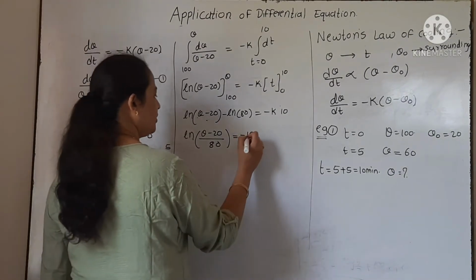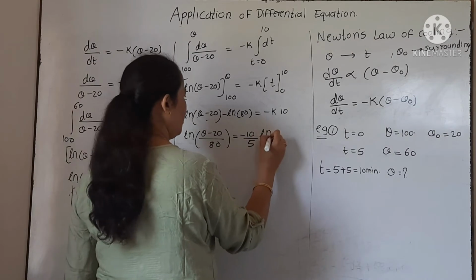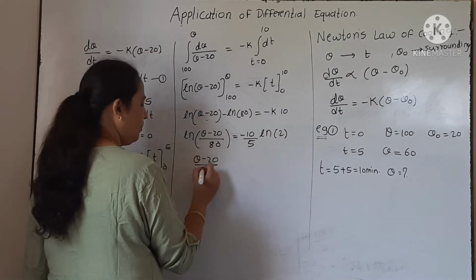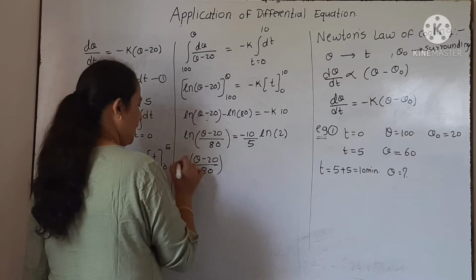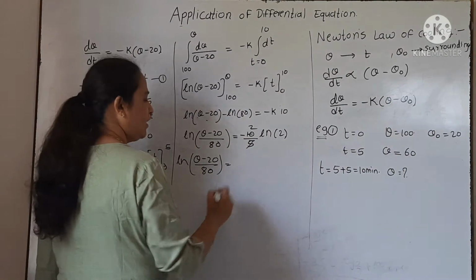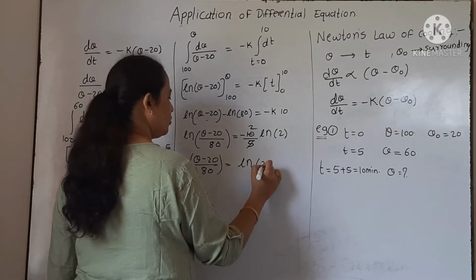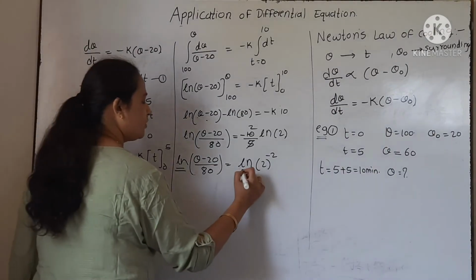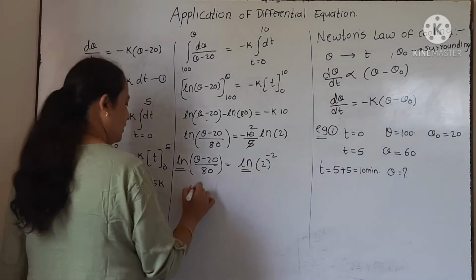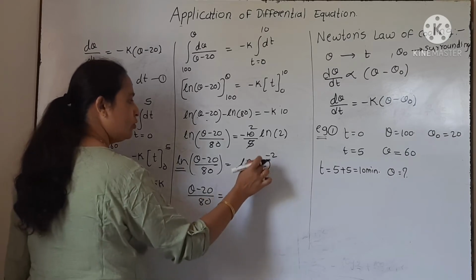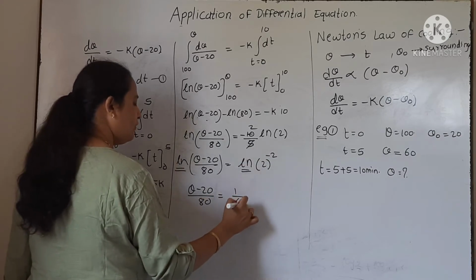If we substitute this value, you will get ln of (theta minus 20) upon 80 equal to minus 10 by 5 ln 2, that is minus 2 ln 2. So by using the rules of logarithm, it is ln of 2 raised to minus 2. On both sides we can cancel the ln. You will get (theta minus 20) upon 80 equal to 2 raised to minus 2, that is 1 by 4.